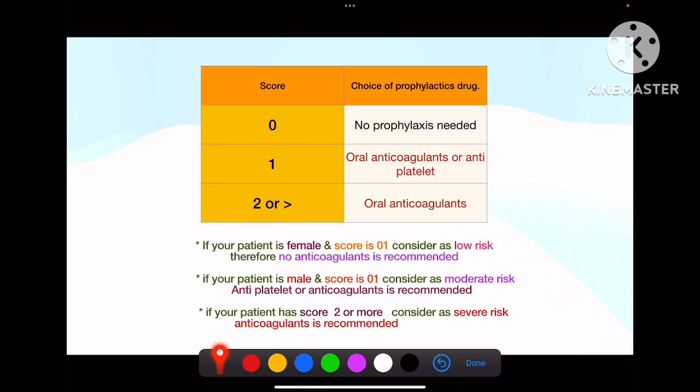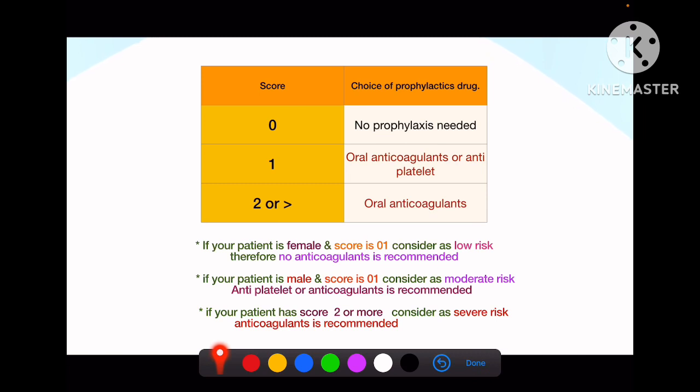According to the total number of points your patient gains, you have to categorize your patient as low risk, moderate risk or high risk. How are you going to categorize?